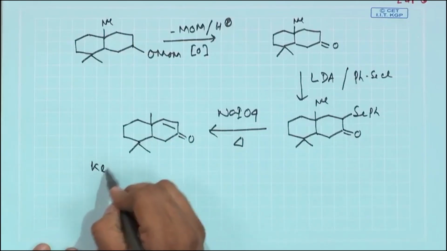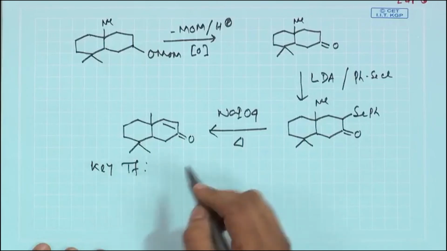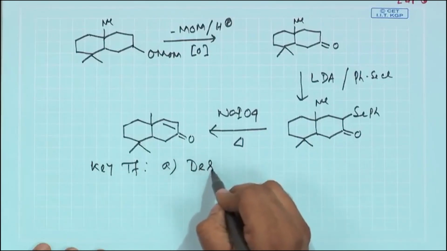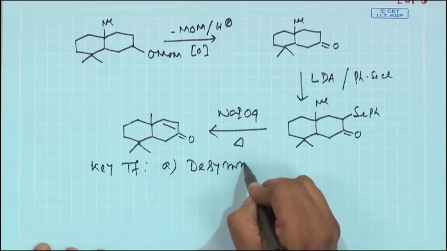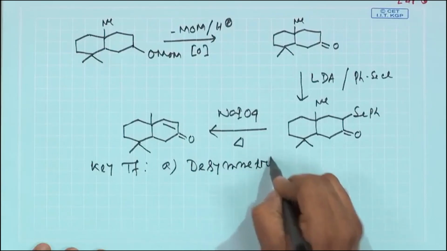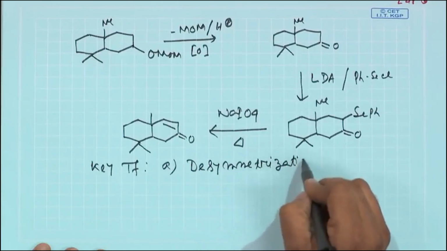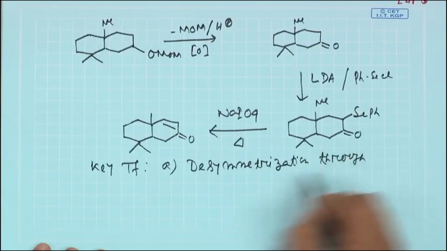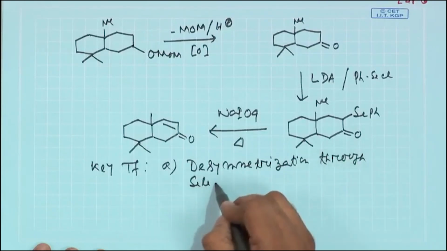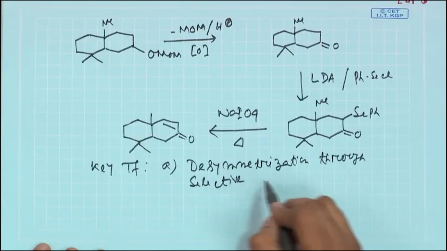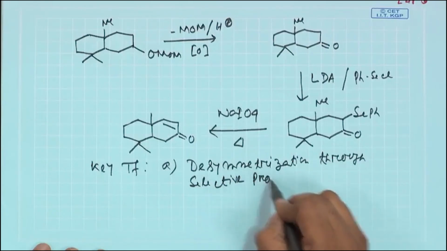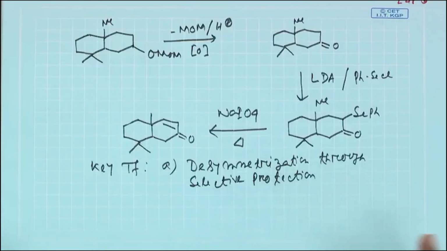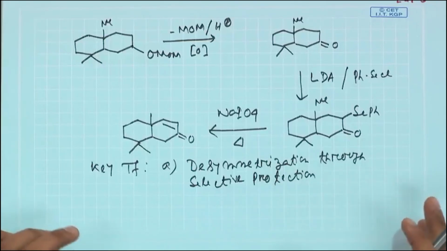So, in principle, what were the key transformations used here? The first transformation, we said, was a desymmetrization through a selective protection. That was the key thing, selective protection of the chemically reactive groups, as both alcohols are equally chemically reactive.